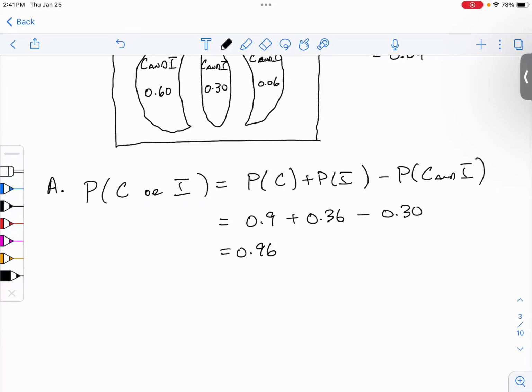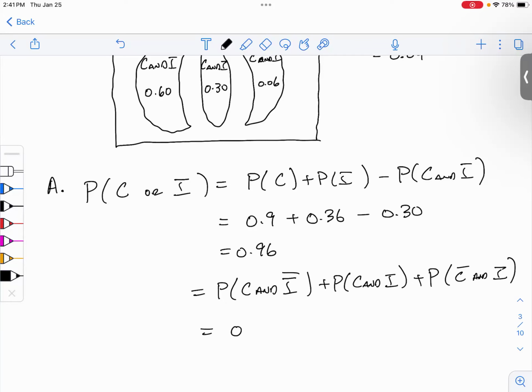Just so you could see that in formula form though, I could also write it as probability of C and not I plus the probability of C and I plus the probability of not C and I. Which uses all the info from the half moon picture. And of course, we end up with the same value.